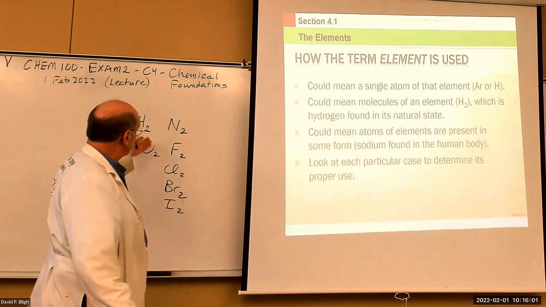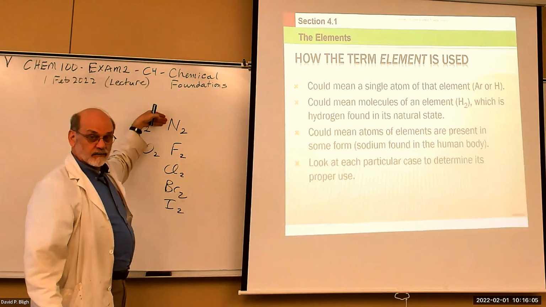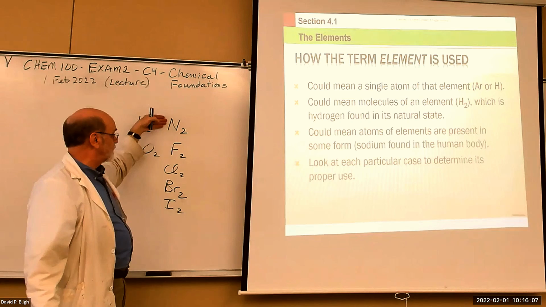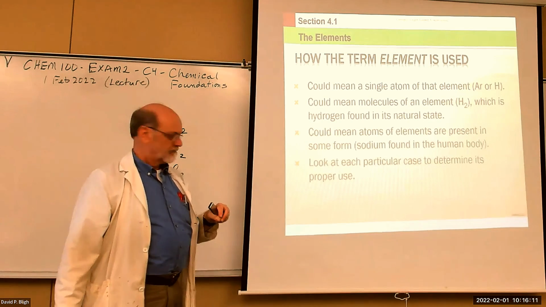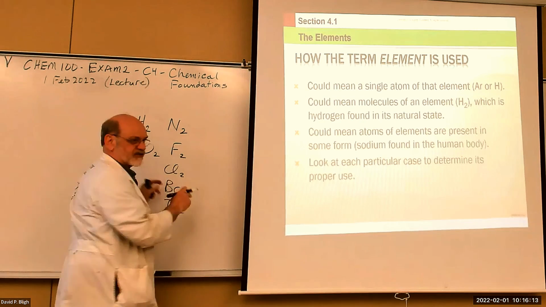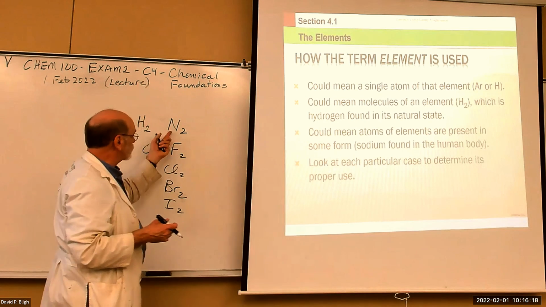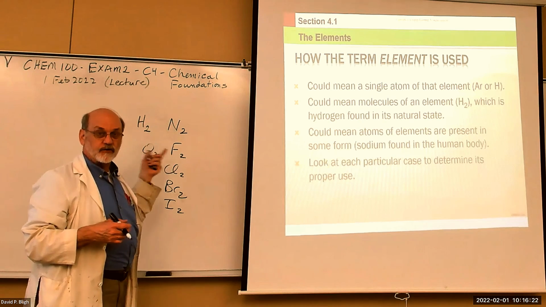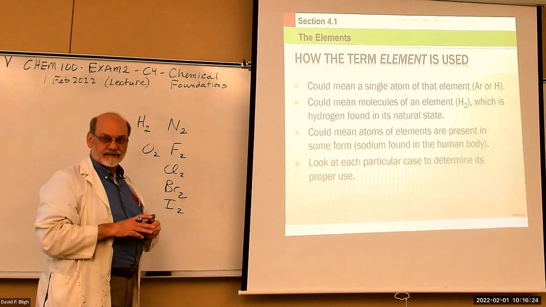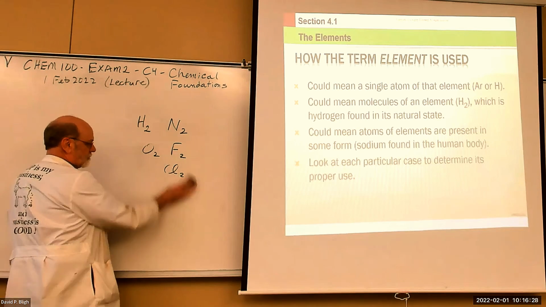But since they're only composed of the single atom, I mean, the atom for that element, they're still elements. Right? They have no other elements attached to them to give them a different character. This is the character of nitrogen. This is the character of fluorine, even though there are two fluorine atoms attached. Okay, those are elements.